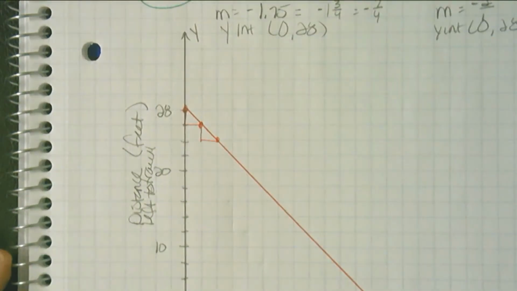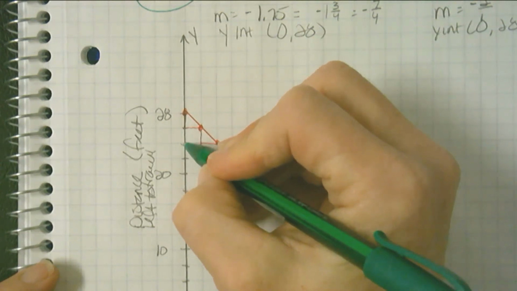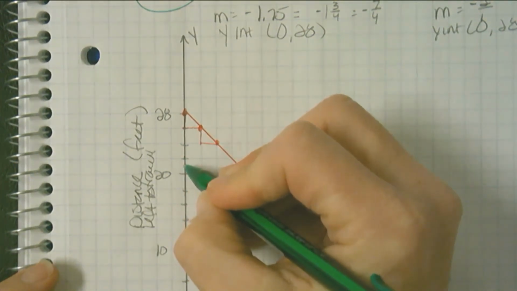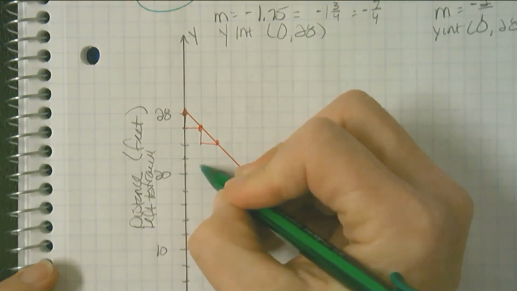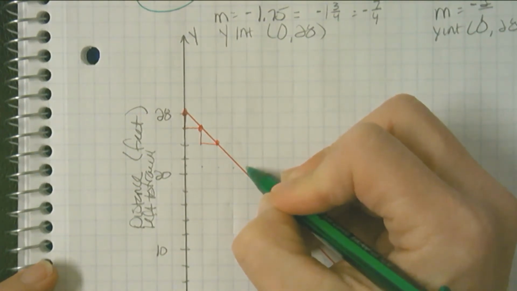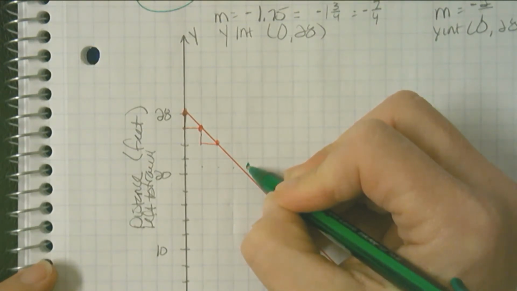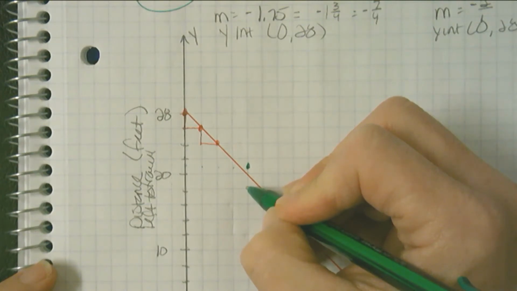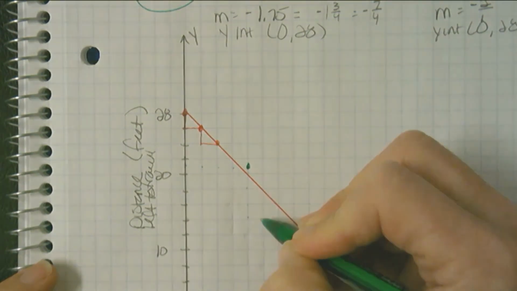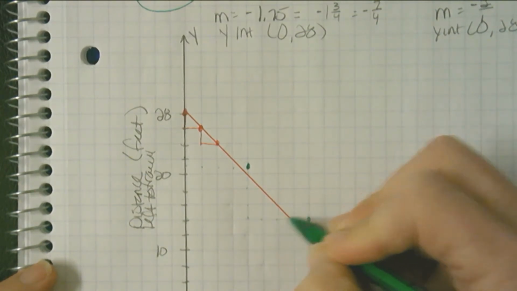And maybe I'll do my stairs in green. So down 7. So 2, 4, 6, one more, 7, over 4. 1, 2, 3, 4, right? We'll do the same thing. So down, 1, 2, 3, 4.